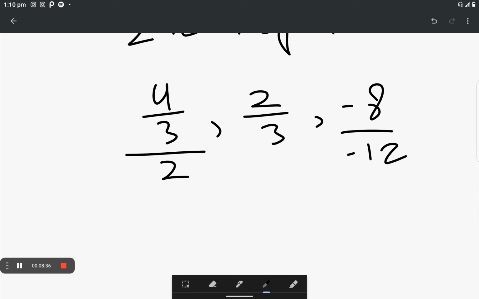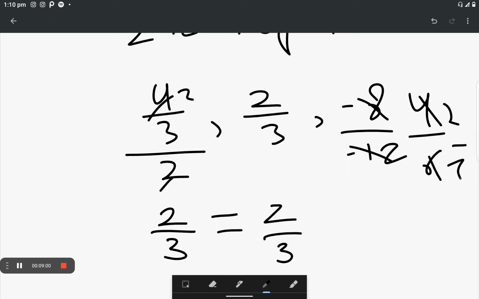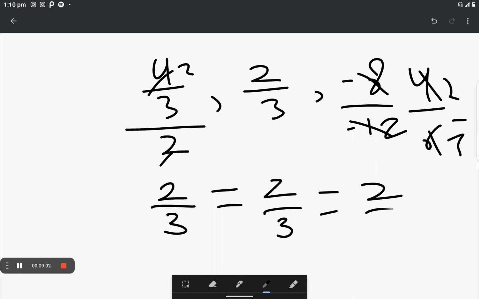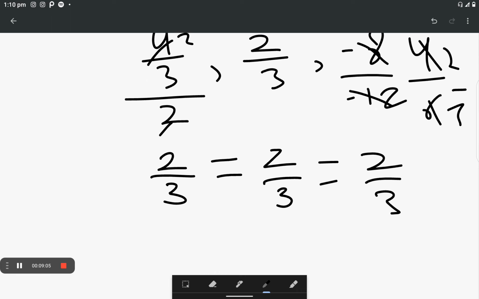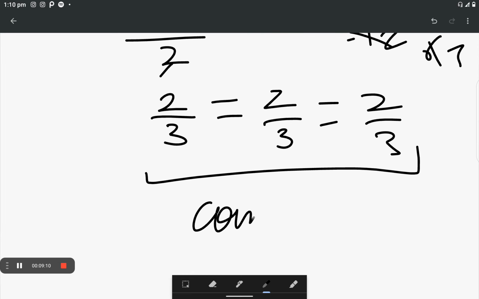This would get cancelled, and 4 upon 3 upon 2 would give 2 upon 3, equal to B1 upon B2, that is 2 upon 3. Then simplify C1 upon C2, this would be 8 upon 12, which is 2 upon 3. Thus they're all equal and the solution would be consistent.